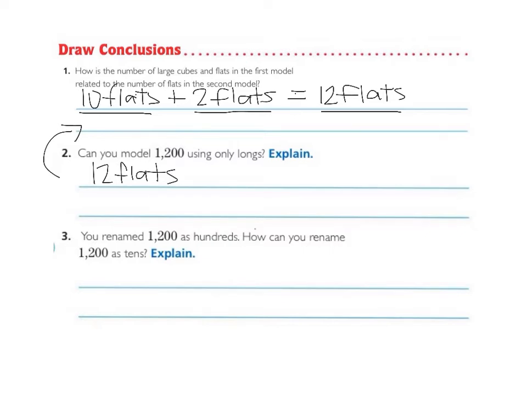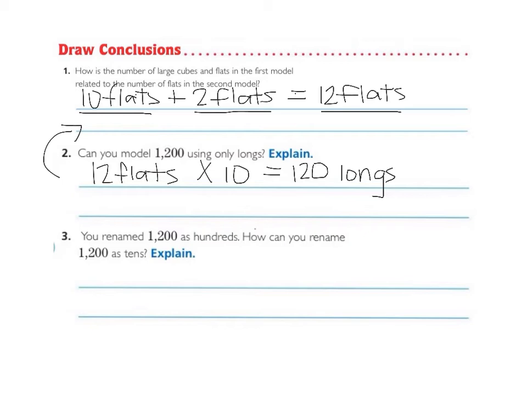And in each flat, there are 10 longs. So if I multiply 12 by 10, I get 120. So that means I have 120 longs in order to make up the same number, 1,200. So now I've described it with large cubes, with flats, and with longs.